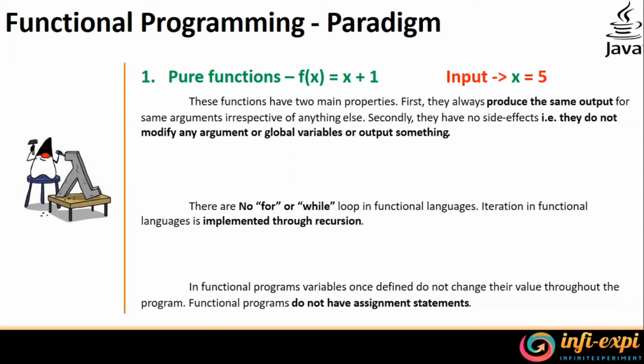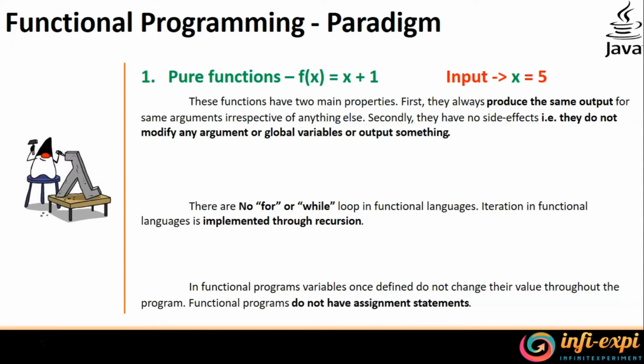The function expression should not modify its argument, it should not modify a global variable value, and it should not produce some random output. Always the output should be the same, because the value of the variable should not be changed. This defines a pure function.